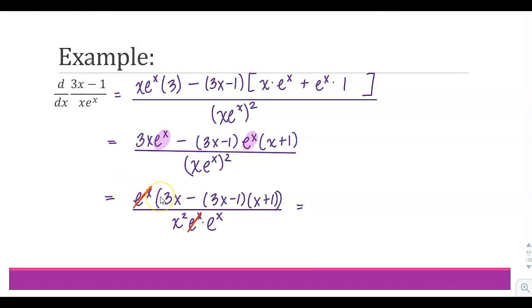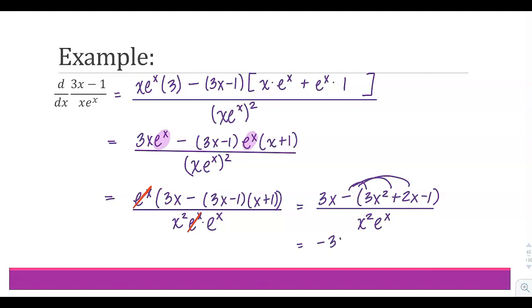Alright, so we have 3x, and then minus, we would go ahead and distribute this out. So we have 3x minus, we have 3x squared plus 2x minus 1, all over x squared e to the x, and then we can go ahead and distribute in the negative into all three terms and combine like terms.